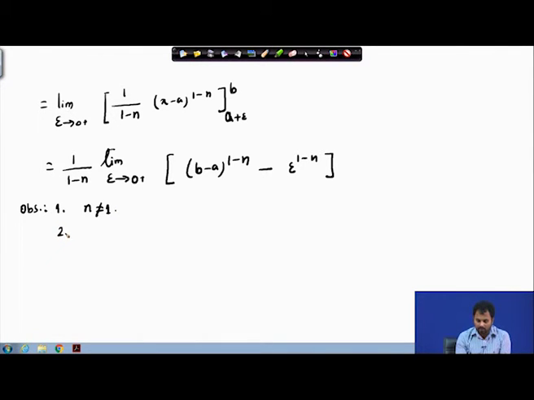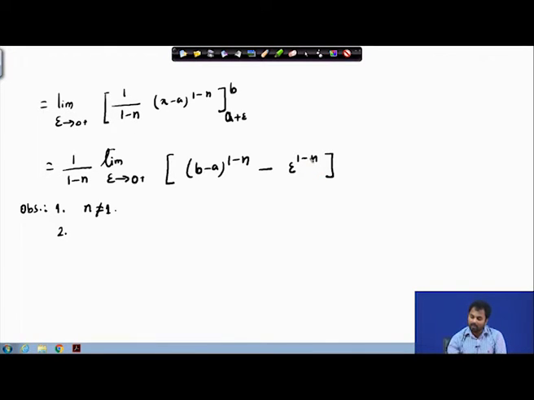Now, what is the second observation here? If n is greater than 1, then this exponent will become negative. So, it is epsilon to the power negative, and we can write it as 1 by epsilon to the power that real number. Now, if epsilon goes to 0, then 1 by epsilon will go to infinity, and then this whole limit will be undefined.